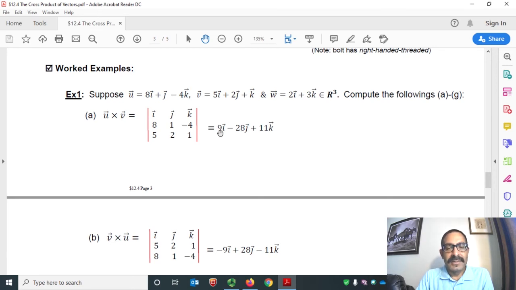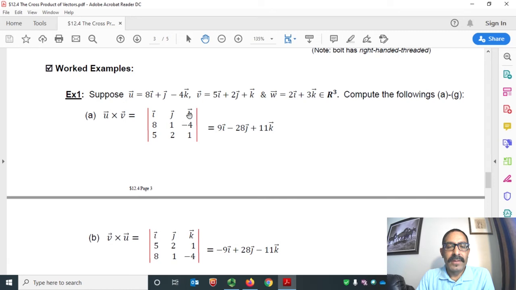And then the second is plus minus plus, so put minus j, then hide this column and this row. Then we have the determinant 8, -4, 5, 1, and multiply diagonally. 8 times 1 is 8, and going this way is minus, so minus 5 times -4 is plus 20, so 20 plus 8 is 28.